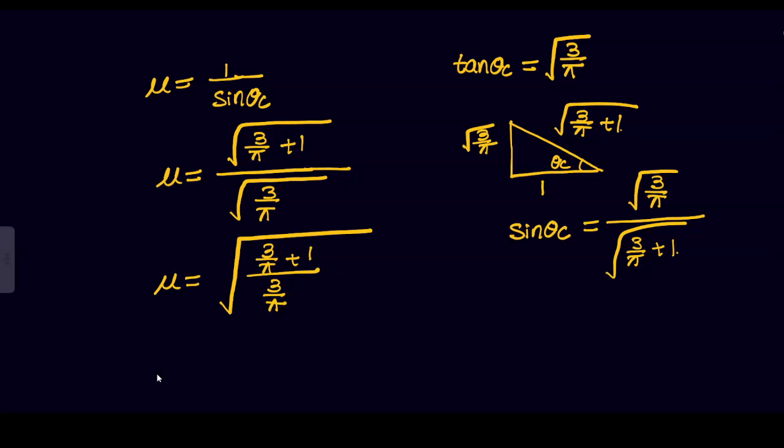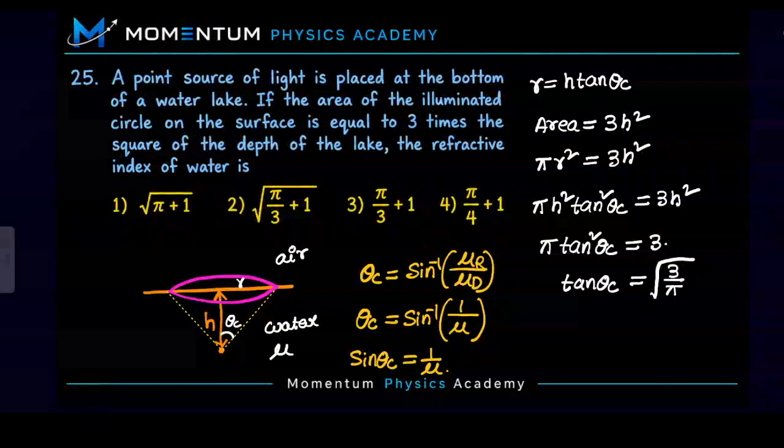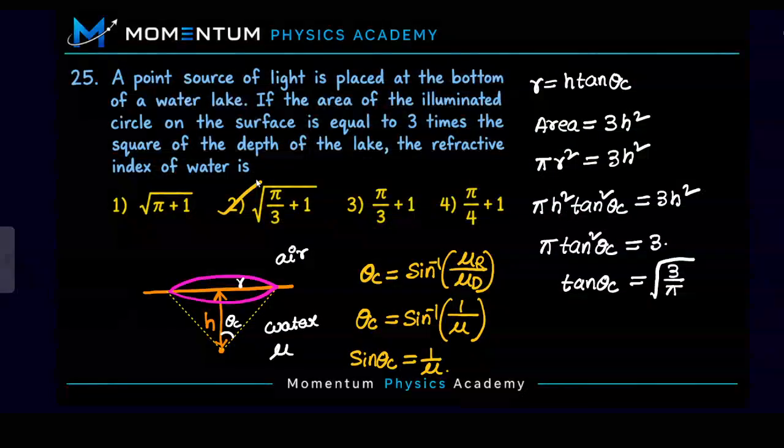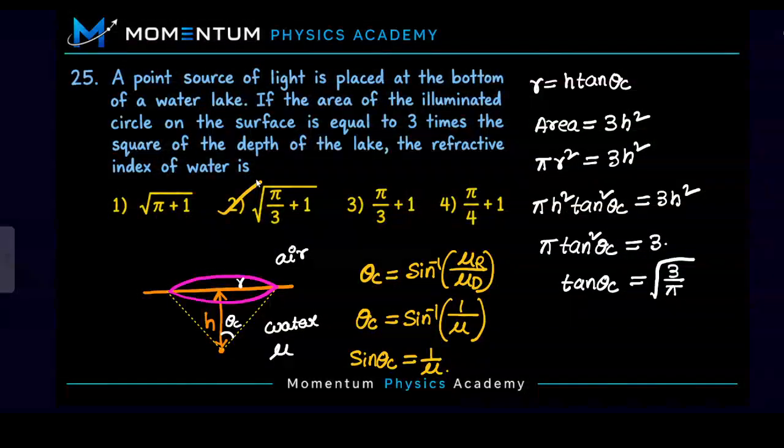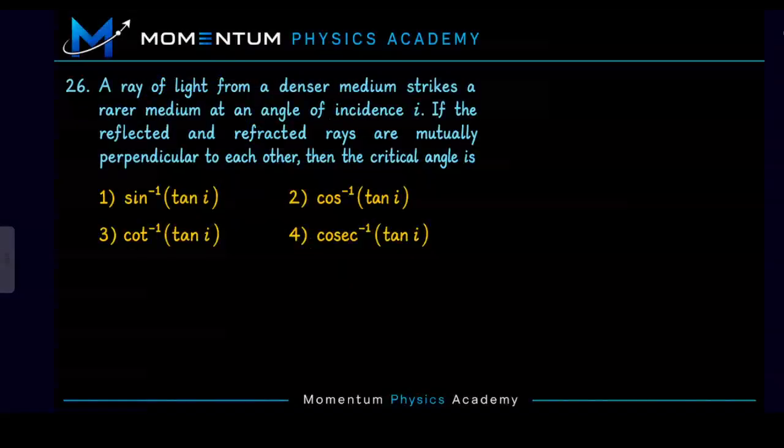Split this division for both, then this value will come to a square root of 1 plus pi by 3, reciprocal. Finally, the answer you can see now. So second option. Understood how you need to approach this problem. Next one.